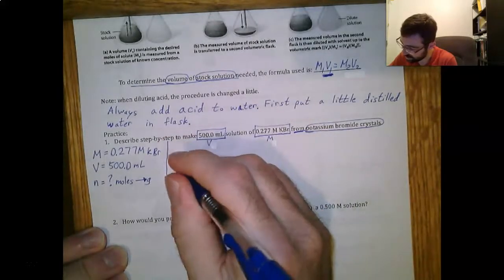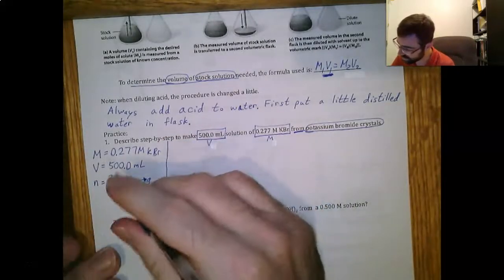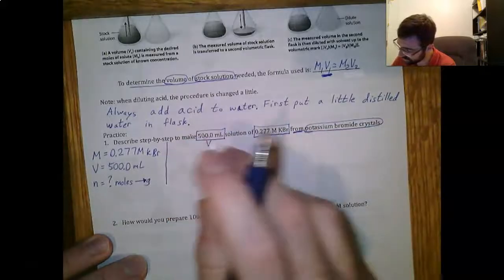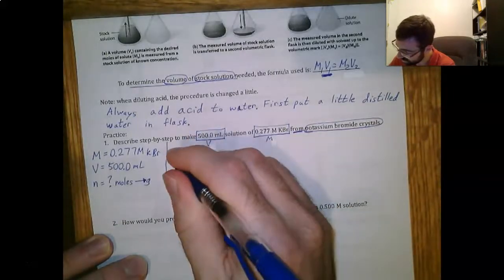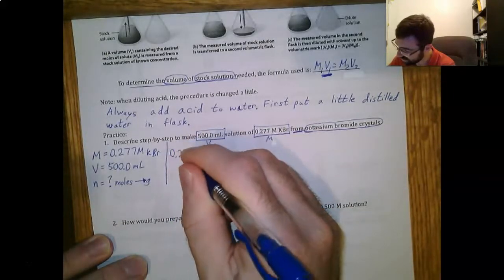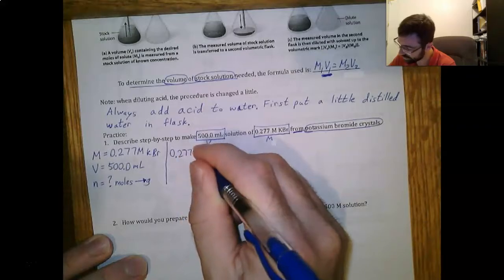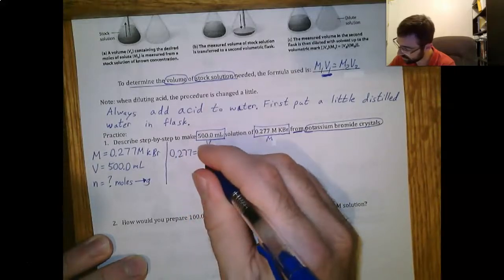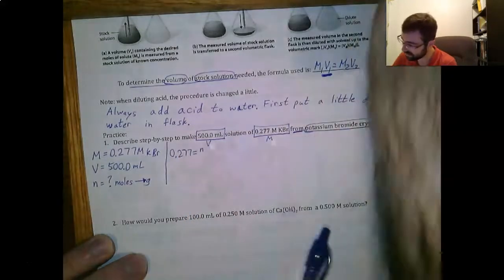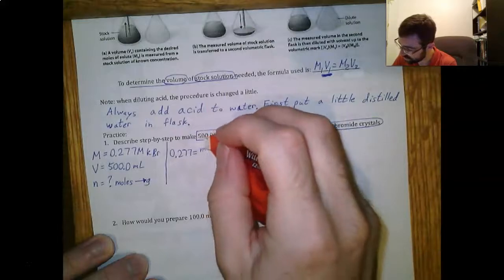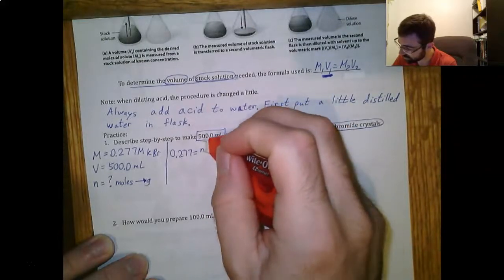Molarity equals moles over volume, so I'm going to solve this by putting 0.277 equals n, I'm going to completely cover that up because it's going to get in my way.